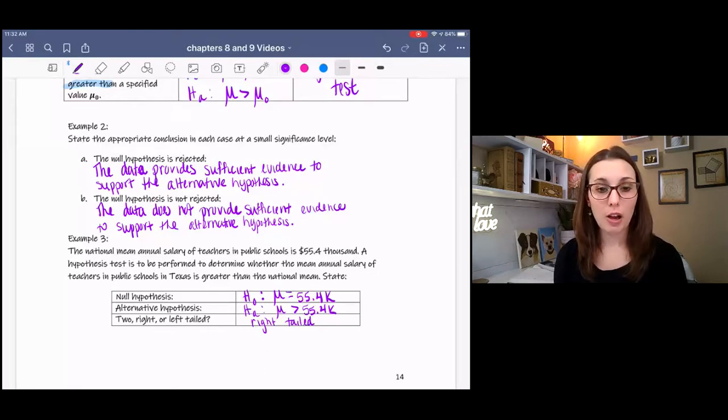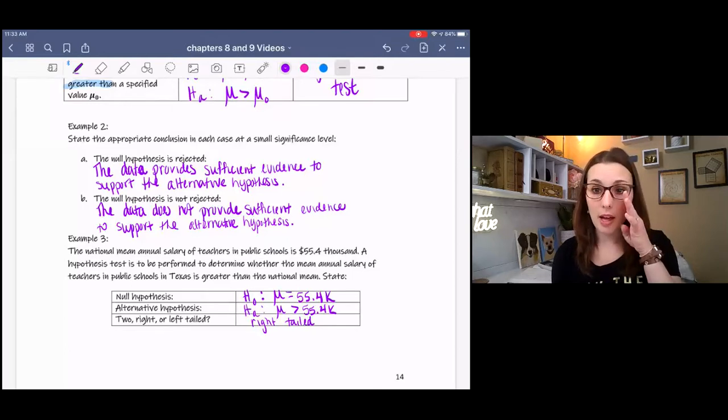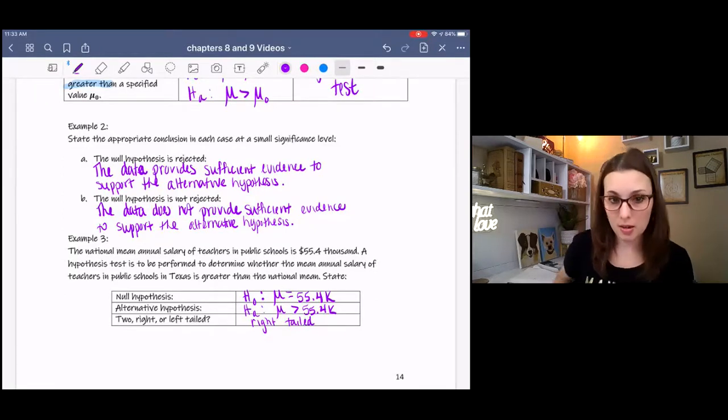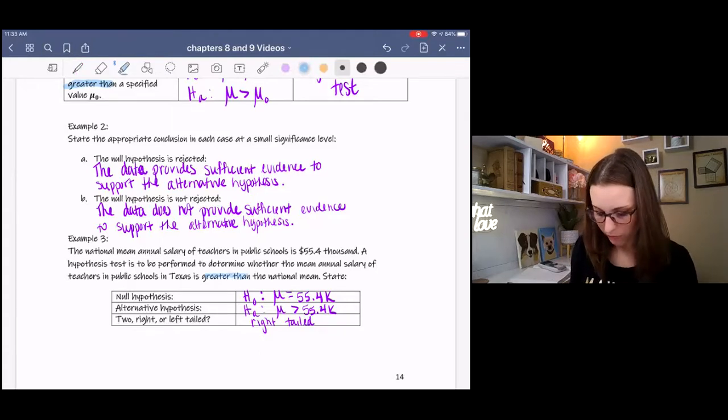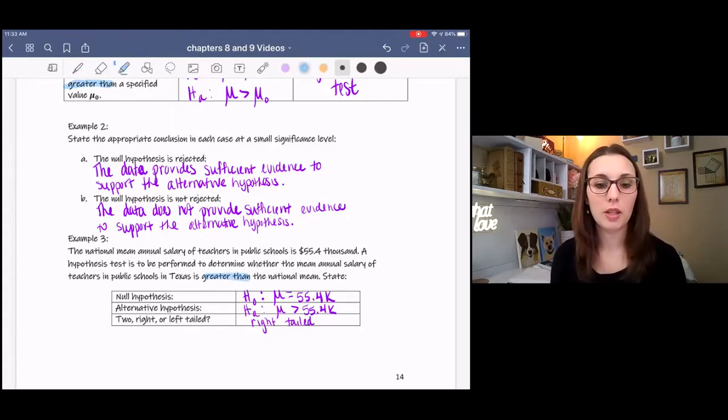So the value being tested is $55.4 thousand, which means your null hypothesis is that the mean is equal to $55.4 thousand. And the alternative hypothesis, the one that we're testing, is that the mean might be greater than the national mean. Since it is greater, this would be a right-tailed test.